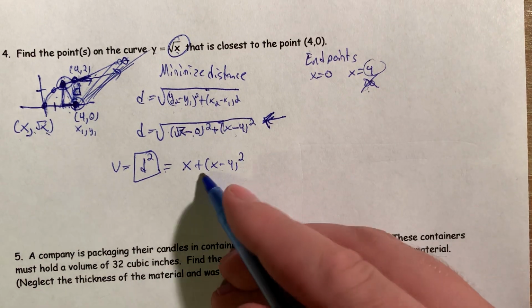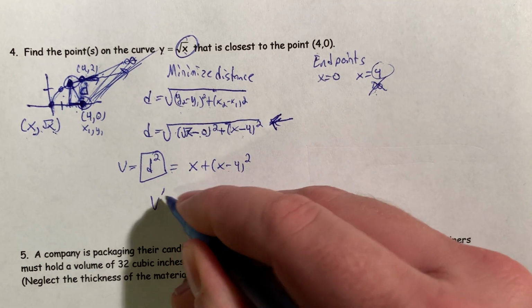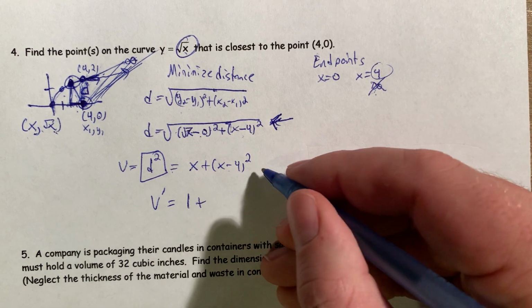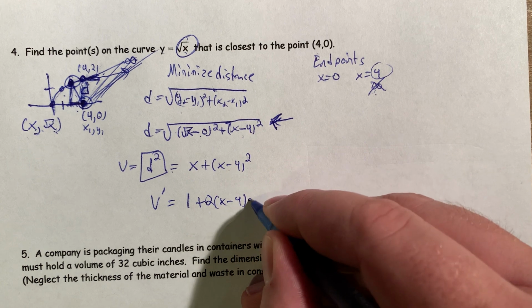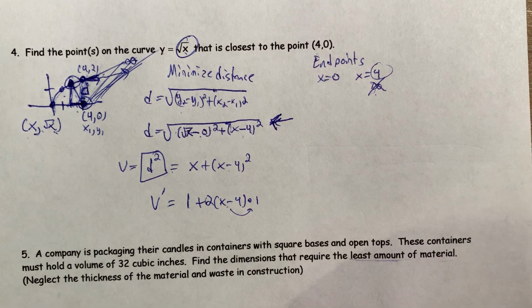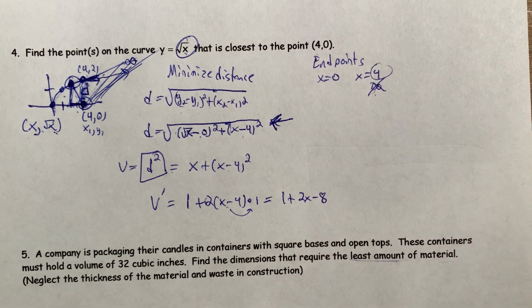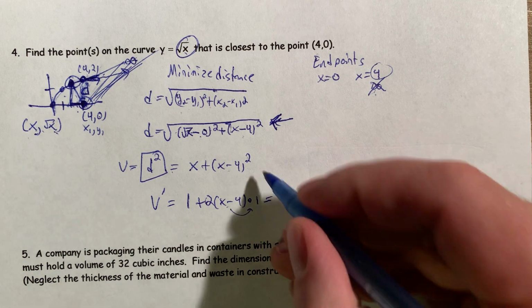Okay, what about the critical values? What are the critical values here? Well, the derivative is going to be 1 plus, I'm just going to do a chain rule thing here. This is 2 times x minus 4 times the derivative of the inside, which is just 1. So this is 1 plus 2x minus 8. It also would have been completely reasonable to square this first.